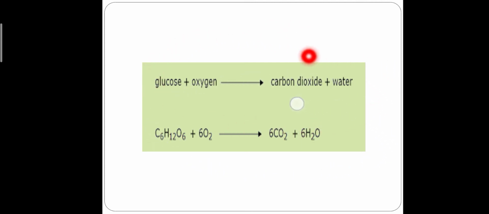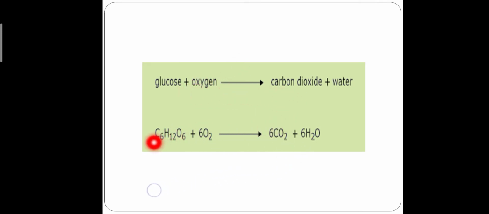Now this diagram is showing aerobic respiration. Glucose has the formula C6H12O6, while oxygen's formula is O2. Glucose and oxygen are converted into carbon dioxide and water, and this shows aerobic respiration because oxygen is used.